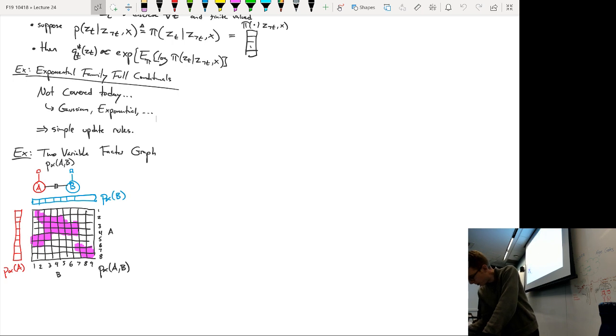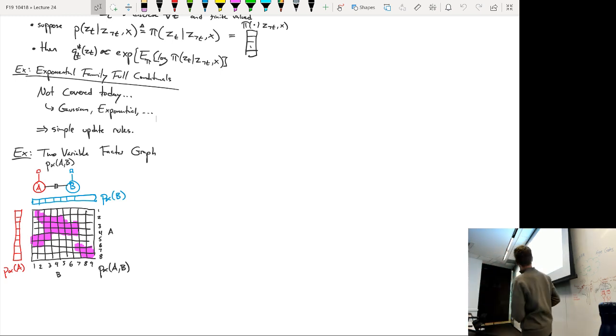Similarly, if we looked at the marginal probability of A, it might shade in most of these parts, the middle here and the bottom down here.